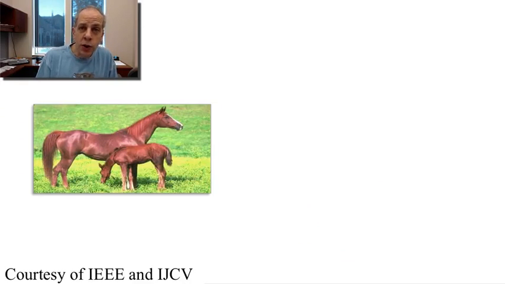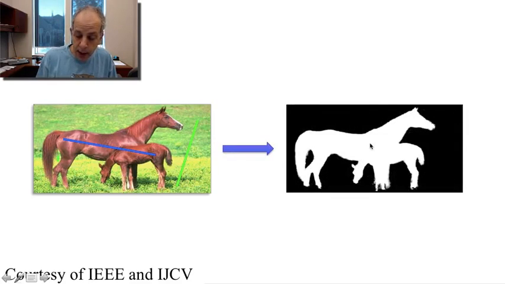Sometimes the user is going to help us do that. For example, the user can mark, this is my foreground, the objects I care about, and this is the background, the objects I don't care about. Just two very simple marks. From that, we need to develop a technique that will extract the horses from the background.